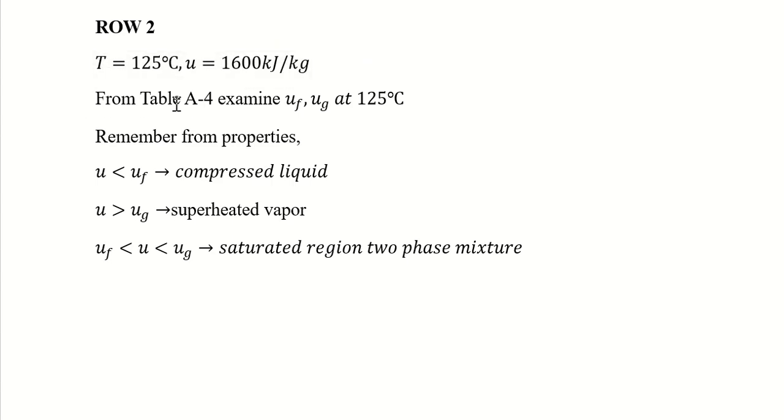So from table A4, examine. Now here comes the problem. They're just giving you temperature and internal energy. There's no way that these two things can tell you what type of mixture you're working with. It's just temperature and internal energy.